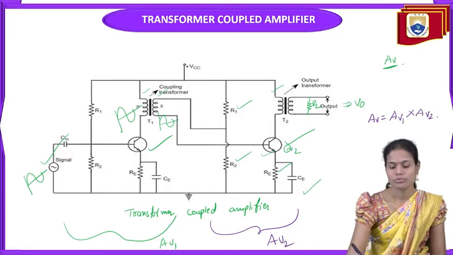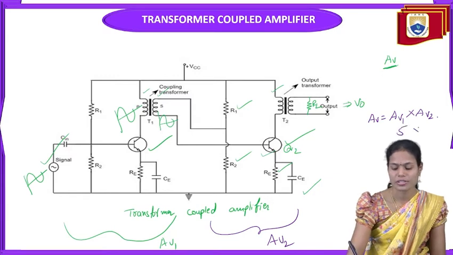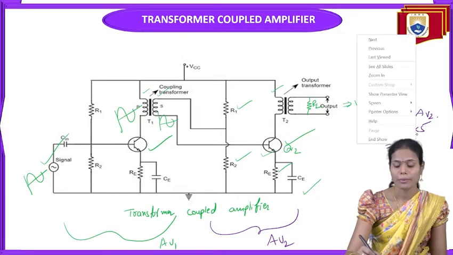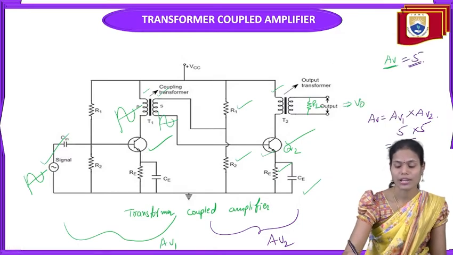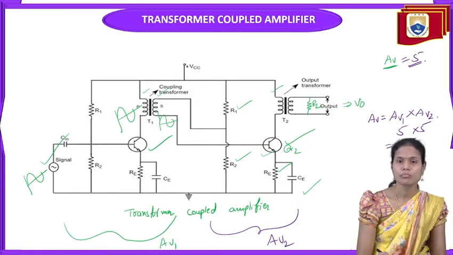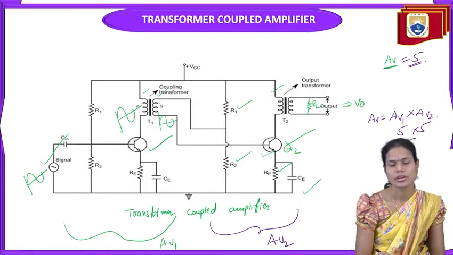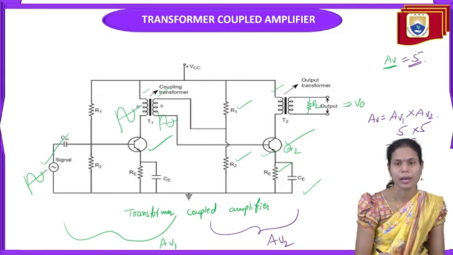Suppose the first stage gain is 5 and the second stage gain is 5, then it is almost 25 in the two stage or multi-stage amplifier, but for a single stage it is 5. So the gain in the two stage transformer coupled amplifier becomes higher compared to the single stage amplifier.